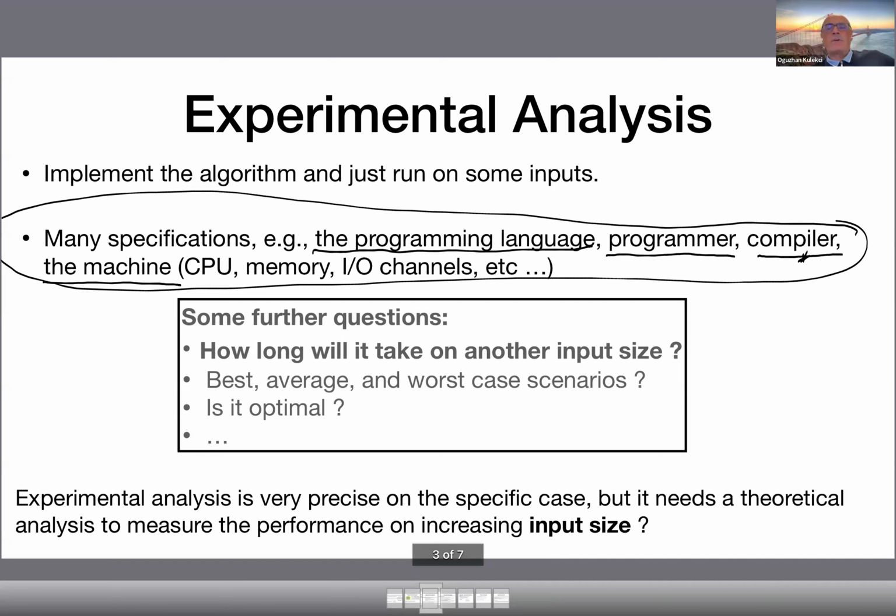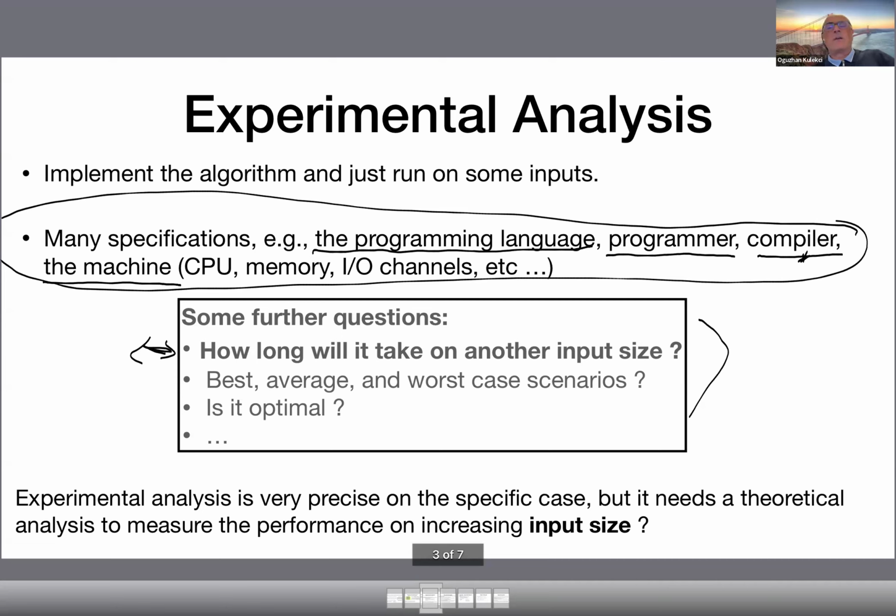However, such an experimental approach will not be able to answer some further questions. We will see that actually our main curiosity in the algorithm analysis is how long it will take on larger input sizes.